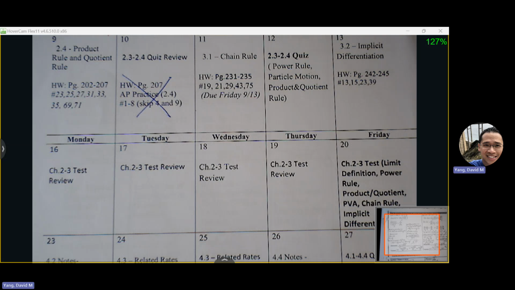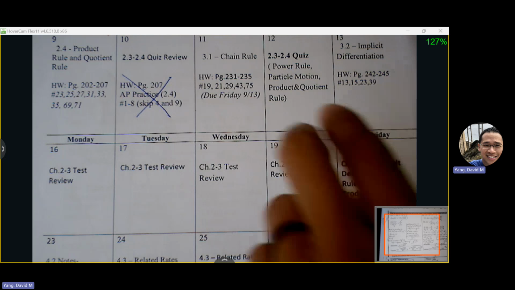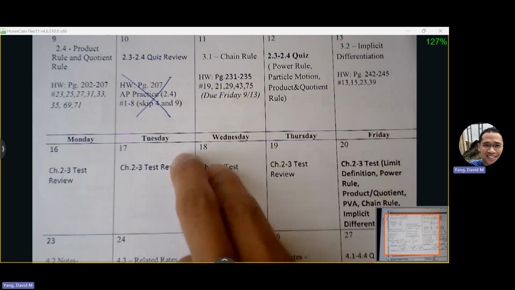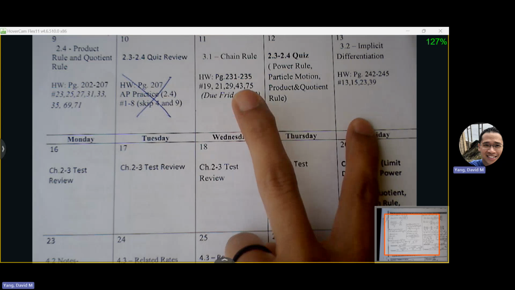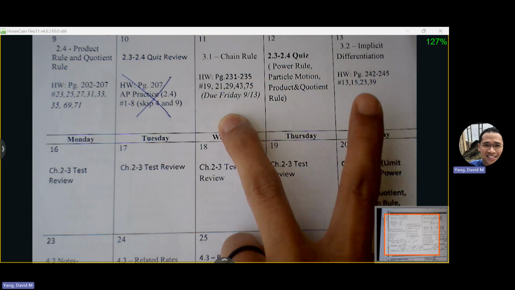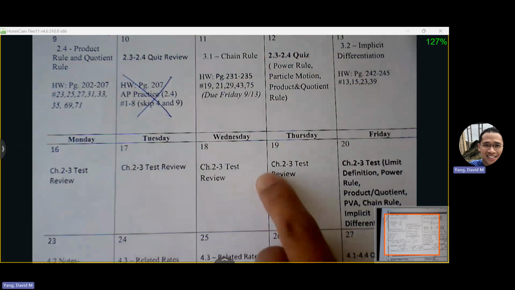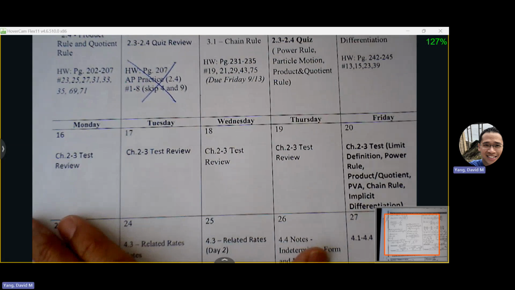My math, we're moving to unit 3, but really unit 3 is just an extension of unit 2. There's only 2 sections that we have to add on with unit 3. So we'll do chain rule today, and then we'll do implicit on Friday, and then we'll get to spend the entire next week reviewing. Okay.